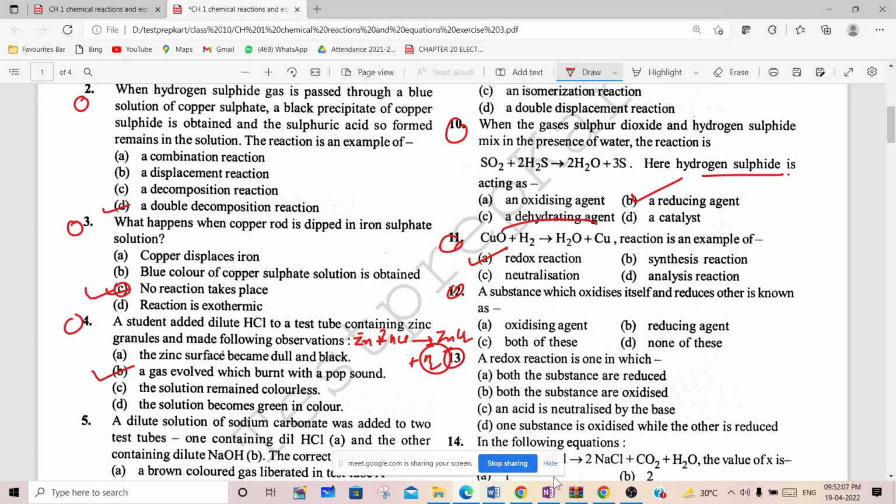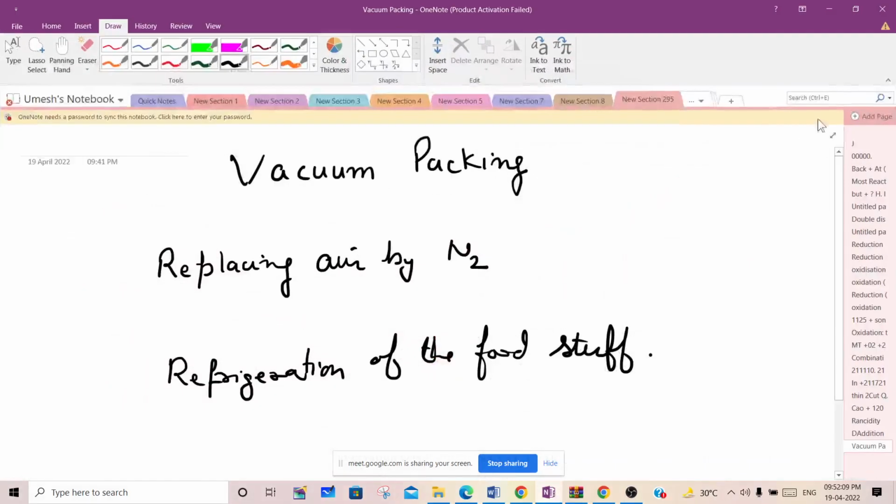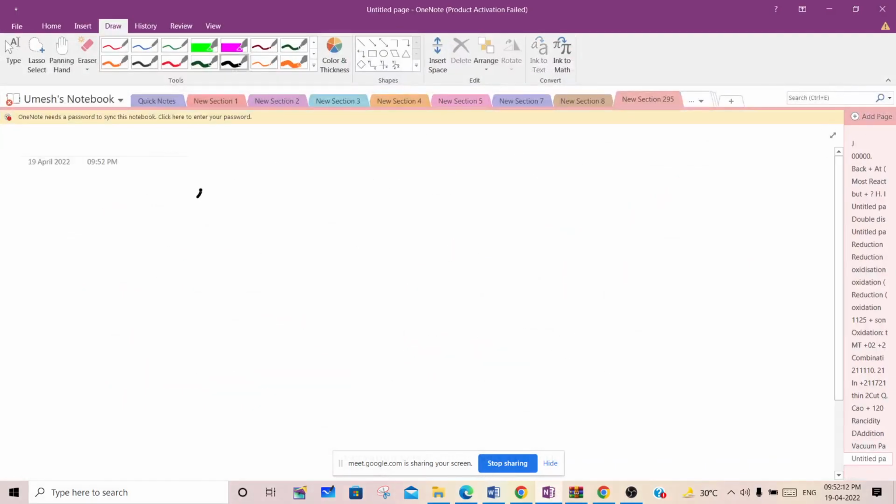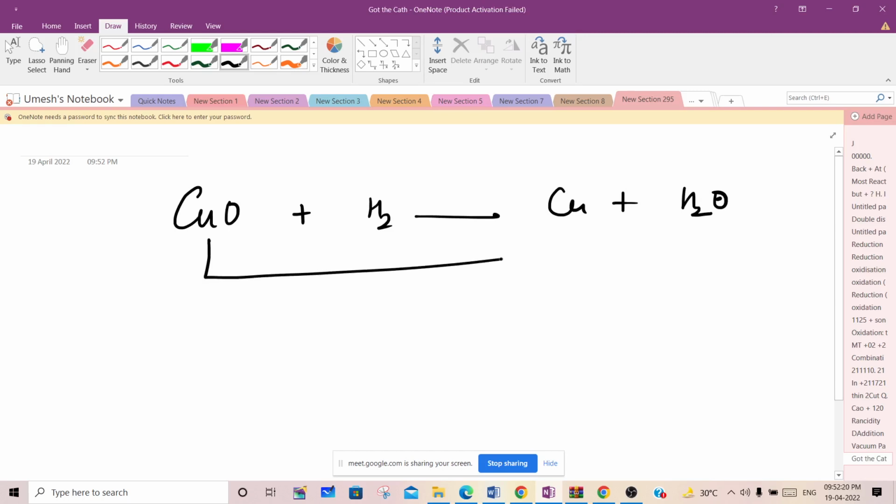What is the meaning of redox reaction? See, copper oxide and hydrogen give copper and H2O. What is happening with the copper oxide? Oxidation or reduction? Sir, it is losing oxygen. Reduction.